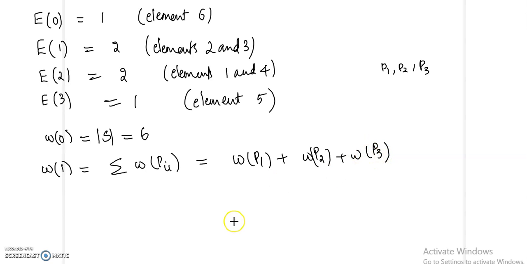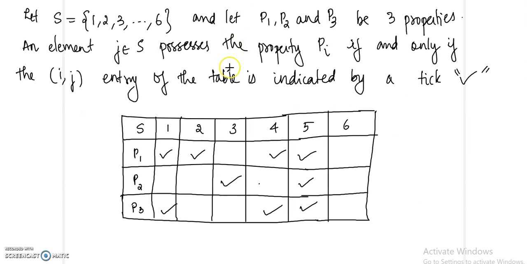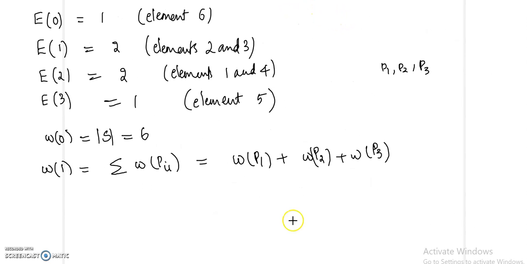Now we need to look at the number of elements which possess the property P1. So the number of elements which possess the property P1 will be 1, 2, 3, 4. So omega of P1 will be equal to 4.